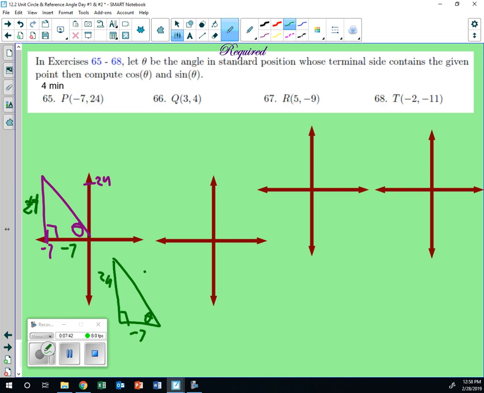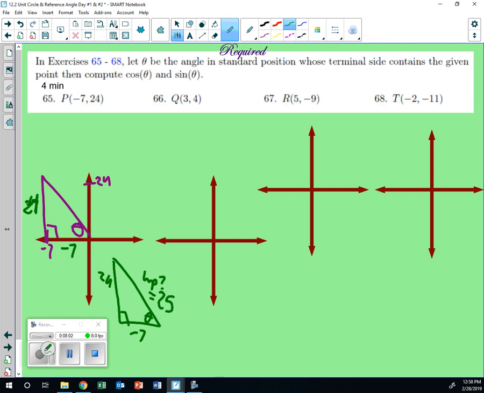What's the hypotenuse going to be? Could you figure it out? I'll do it. Find out what that hypotenuse is. Is that around 25? Yeah, it is 25.